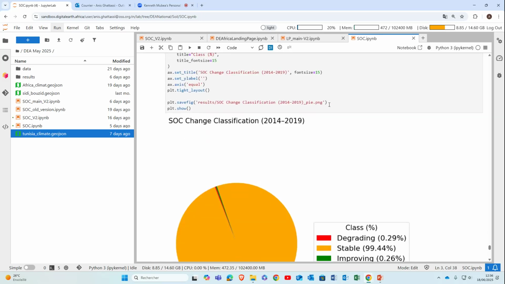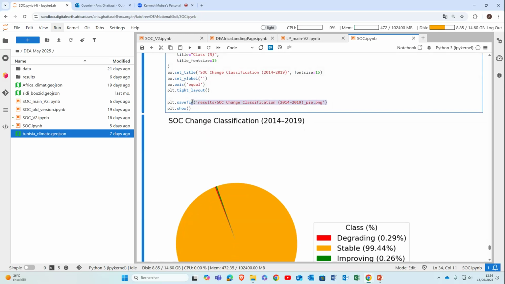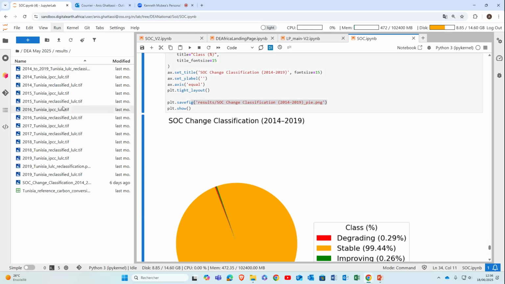And as the final part here, the user will receive the results automatically in the results folder in different formats. So here we will have a PNG format and also a TIFF format. So the user can use this data in any other, how can I say, for example, software, or to valorize it into other subjects.